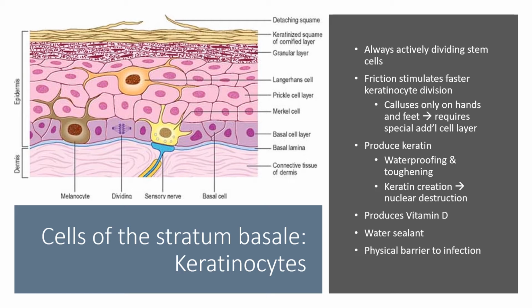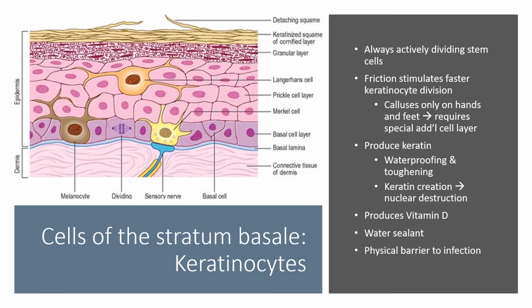On your hands and your feet, you have an additional special cell layer that will form what you think of as a callus. That's its own separate skin layer that has its own stimulation that helps create it. But all of your skin will become a little thicker with friction, just not calloused exactly.